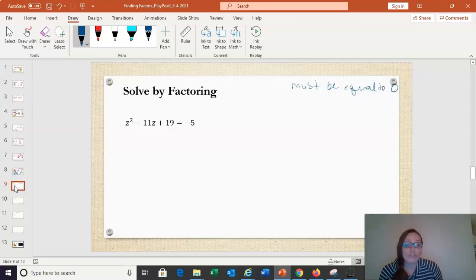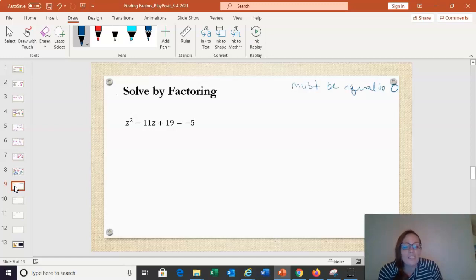I mean, you could certainly try to start solving this the natural way, and we would probably subtract 19 from both sides. But then again, you would get stuck like we did the last time. You'd have a squared term and a z term, and you'd be like, what do I do now? So anytime you have a squared term, you're likely going to factor. Likely. You're either going to solve by taking the square root, or you're going to factor.